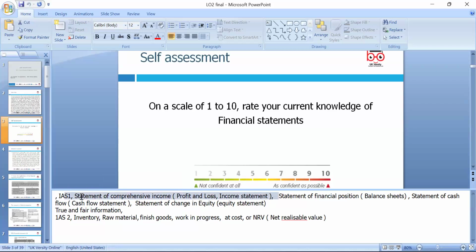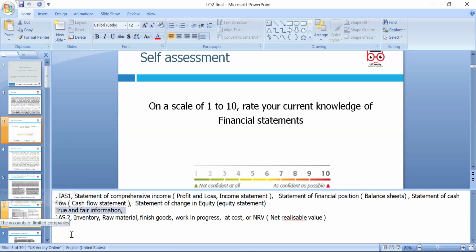The second statement is the statement of financial position, known as the balance sheet. The third is the statement of cash flow, known as the cash flow statement. And the fourth is the statement of changes in equity. Financial statements should always represent true and fair information.